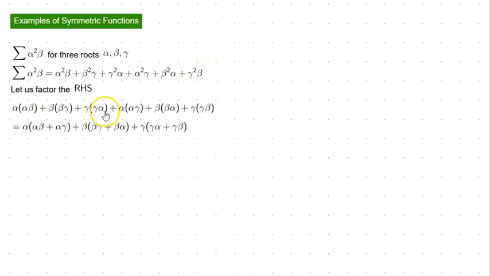Now again, let's see commonalities. We have alpha times alpha beta, so alpha times alpha gamma is there here. So alpha is common to both. Actually, alpha square is common, but let's stick to this factorization that we have done of each term.